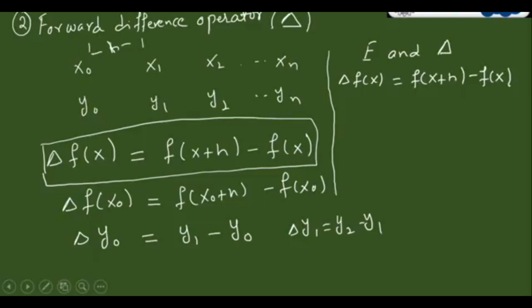And why we subtract, you know, that is the word difference in the operator. So if you focus on this term carefully, we have discussed a similar value in the last lecture, I mean the last slide.